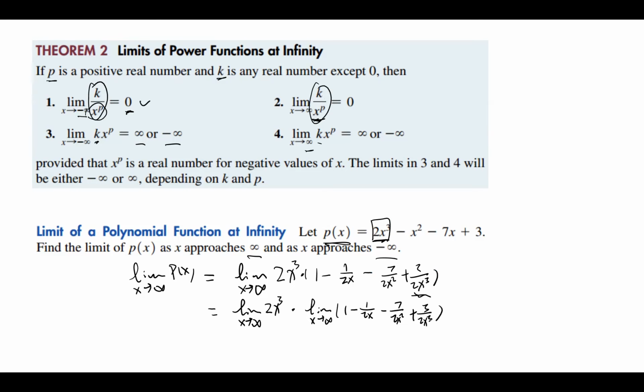Now let's look at the second part because it's easier to handle. What if x goes to infinity, right? As x goes to infinity, this becomes 0, this can cancel out, this also becomes 0, and this will become 0 based on the rules we have here. So the whole term is going to be 1.